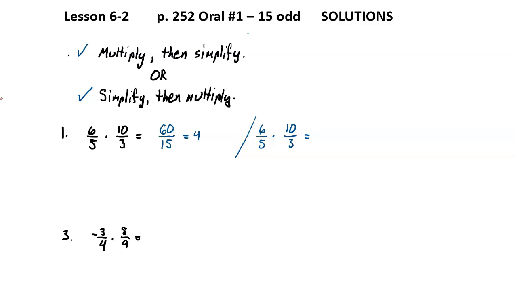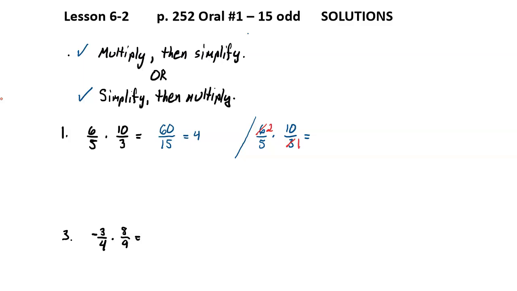For example, in the top there's a 6, and in the bottom there's a 3. The 6 and the 3 can be reduced by dividing them both by 3. 6 divided by 3 makes 2, and 3 divided by 3 makes 1.